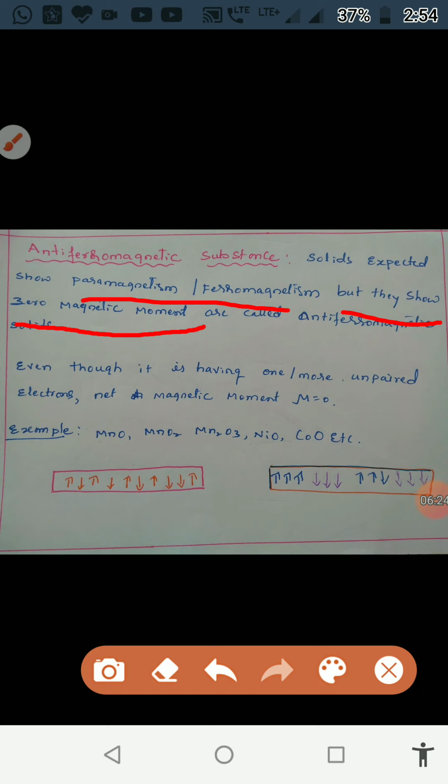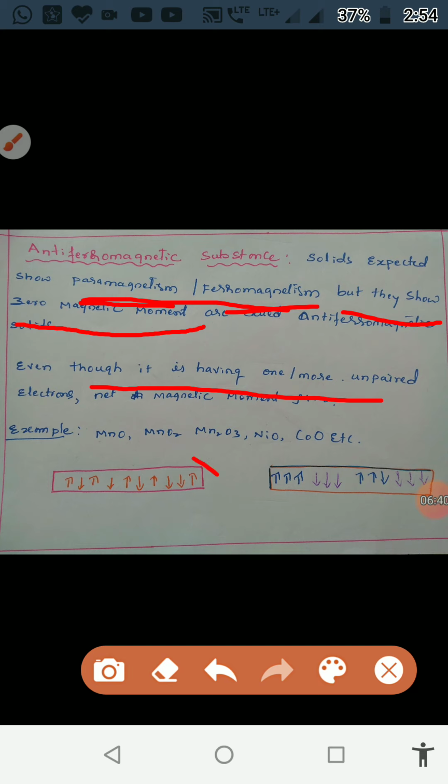They are all called as antiferromagnetic substances. That means even though they have unpaired electrons, they do not show paramagnetism as well as ferromagnetism.